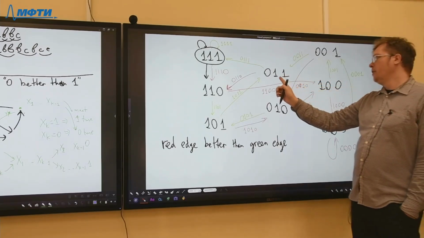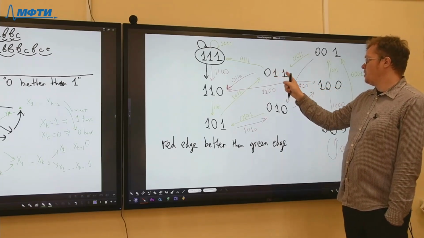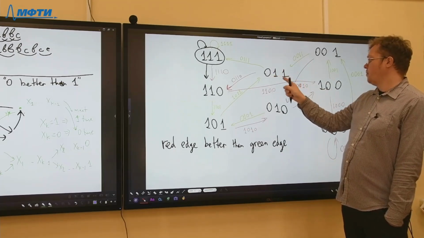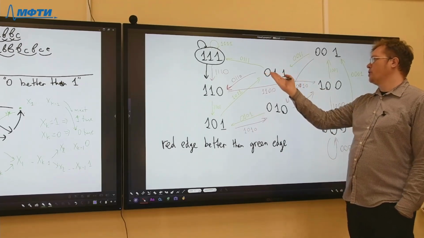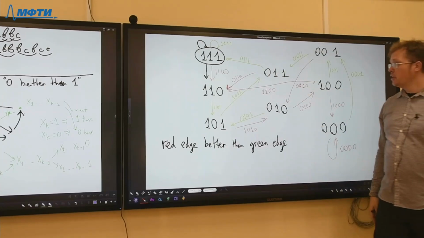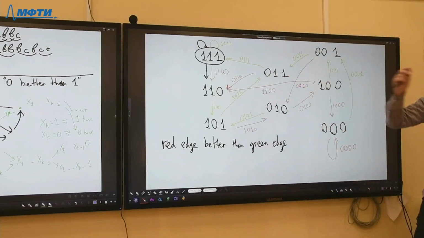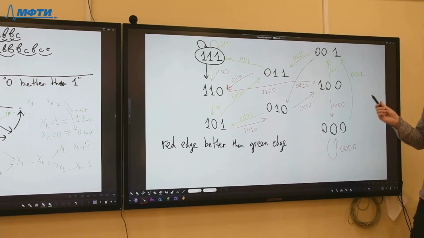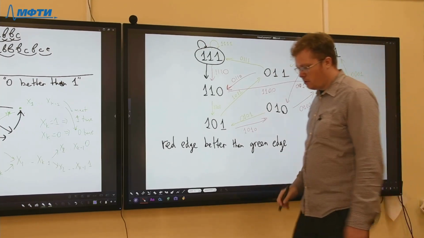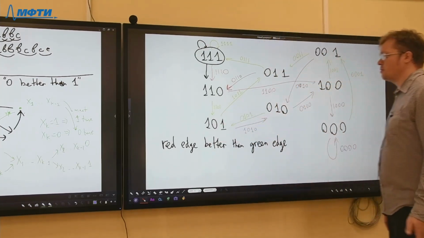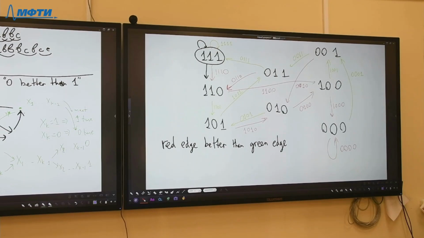So if I prove that in each previous vertex I use all the green edges, of course I use the red edge too, but I need to be sure that I use all the green edges here. And if I use all the green edges, of course I already use all the red edges, and so I use all the edges leaving this vertex in my circuit.